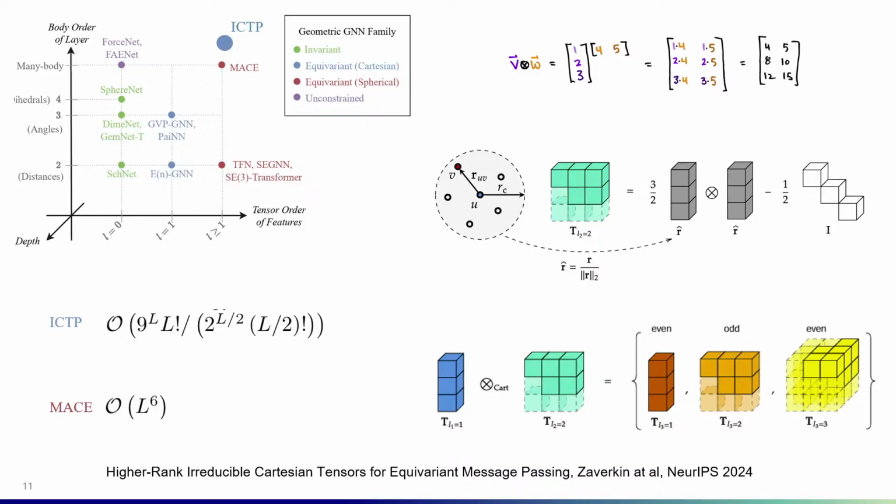Also the many-bodiness. Since you're working in this community, you have heard about neural networks that look at angles and dihedrals and explicitly use them as input features. And you can see how this gets more and more expressive. So here we have really many dimensions of expressivity, not just one.